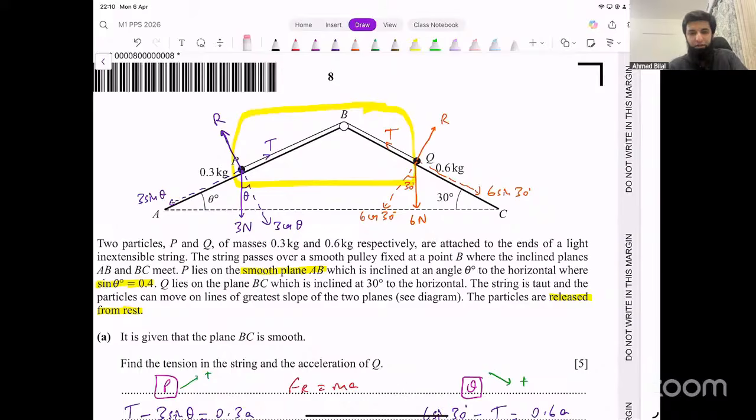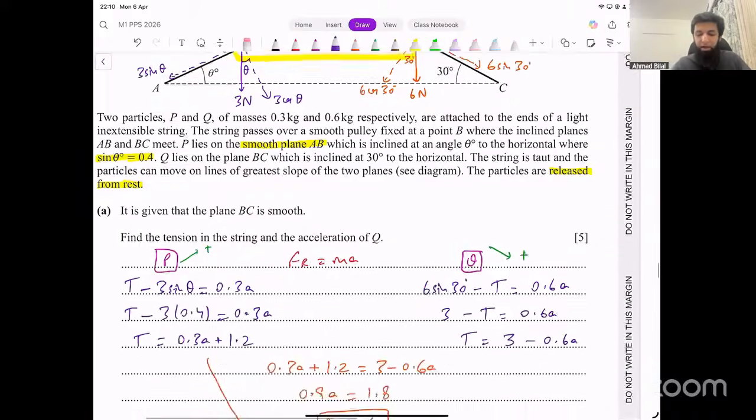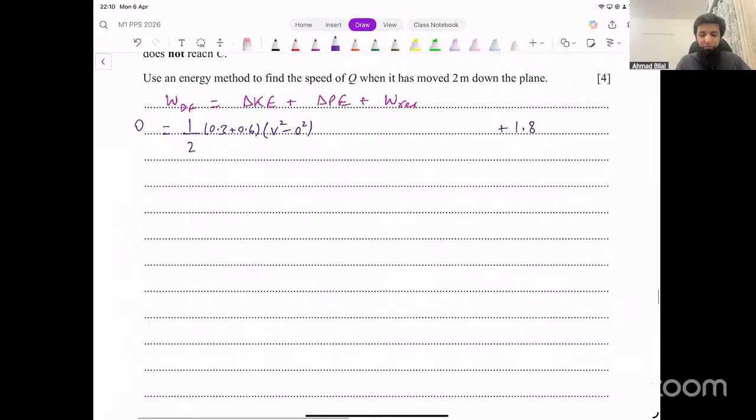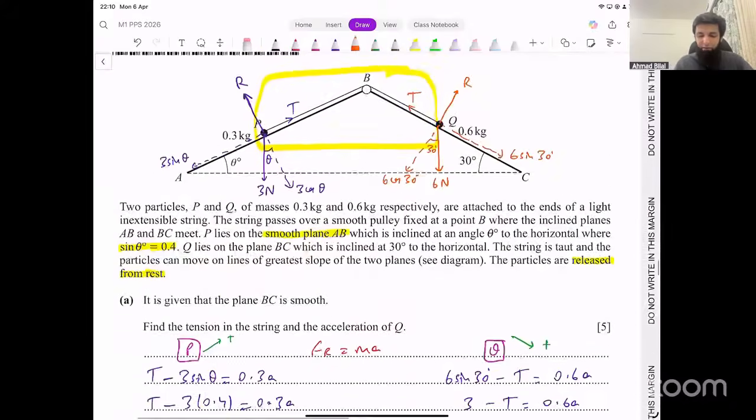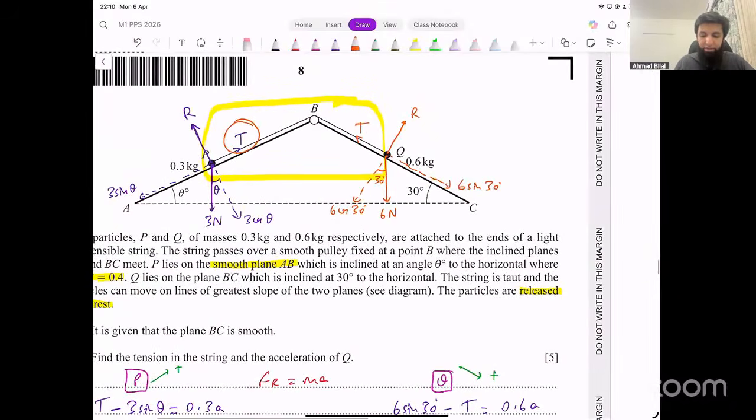So what we are doing is applying the work energy principle on the whole system. The benefit of that is we would not have to consider the tensions because they cancel out. When we consider the whole system, we have to consider both P and Q. They are both going to be moving at the same speed.